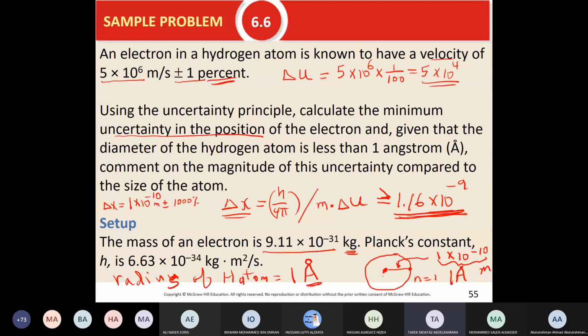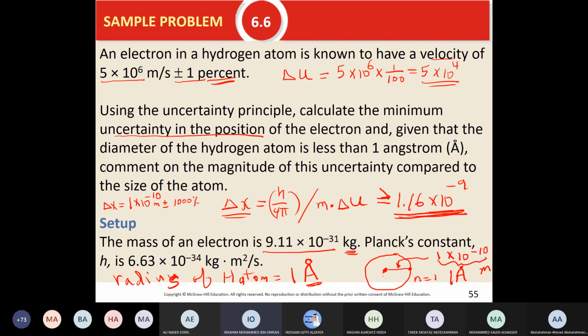Okay, calculate 1 times 10 to the power minus 10 times 1000 divided by 100. Isn't it half of 1 angstrom because it's the diameter? So we need to divide by 2.